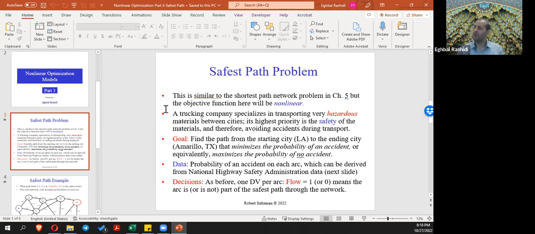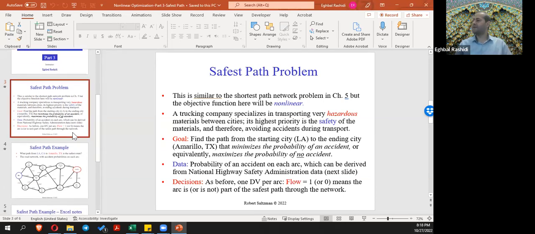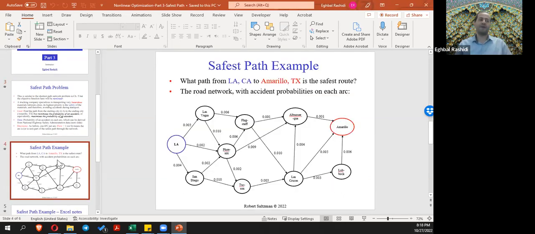You have the data, the probability of the roads, accident or no accident, and our decision variable is, for all of these roads in this network between these cities, whether we include those edges or arrows or arcs or roads in our path or not. Okay, so it's going to be a 0-1 binary decision variable, and we're going to have formulas as a flow inflow outflow kind of thing, the same thing that we did for shortest path or fastest path.